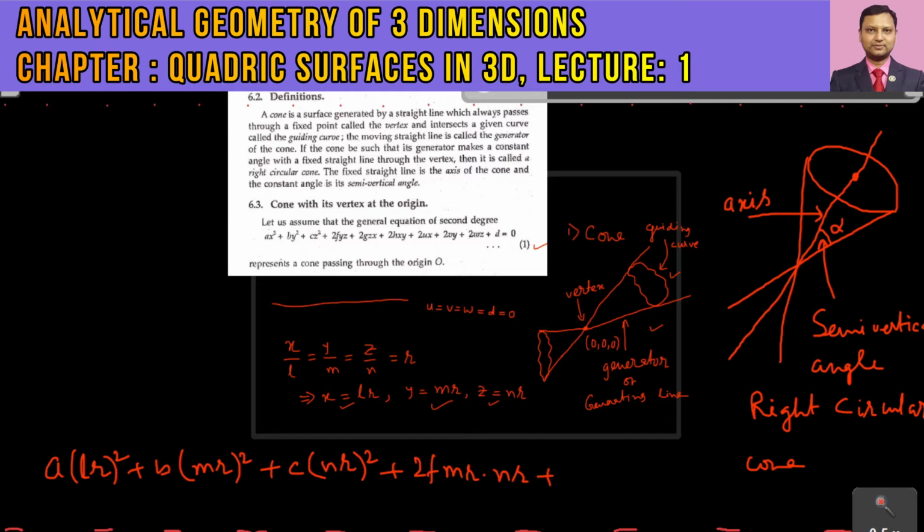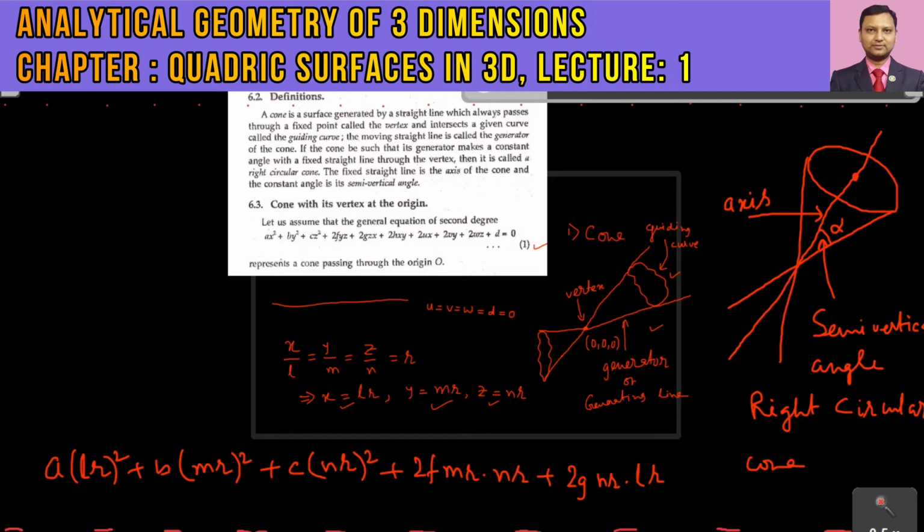Then the term twice g zx means n into r multiplied by l into r. And after that, what we will get?